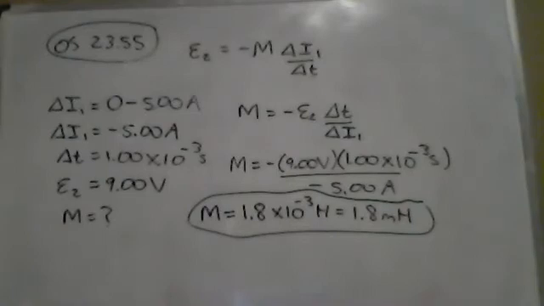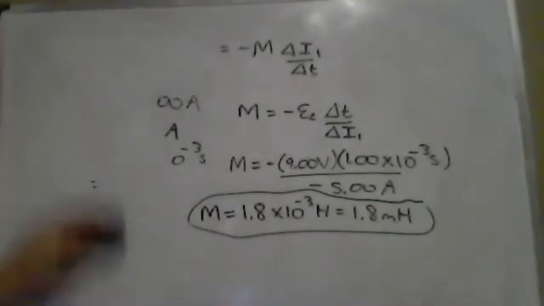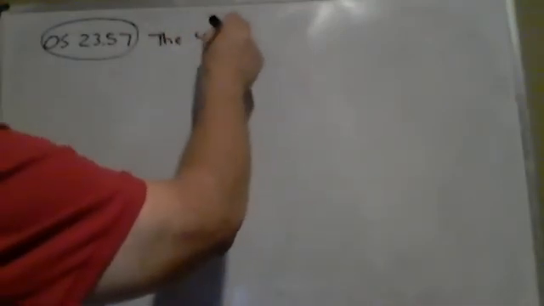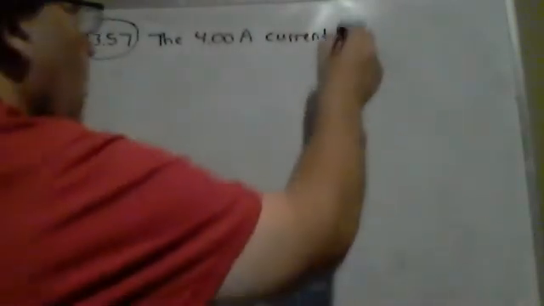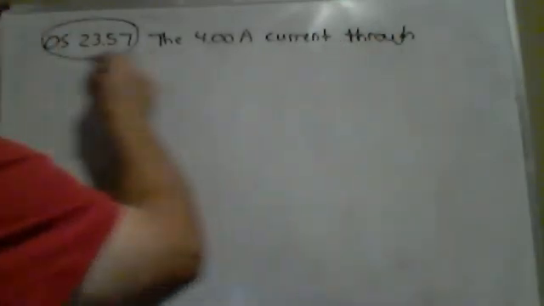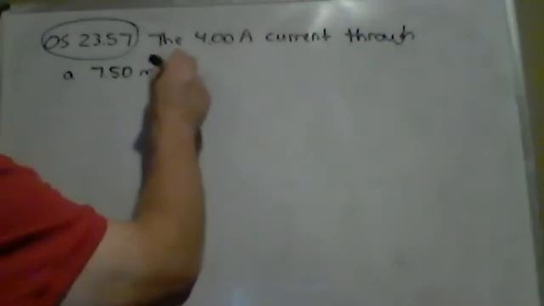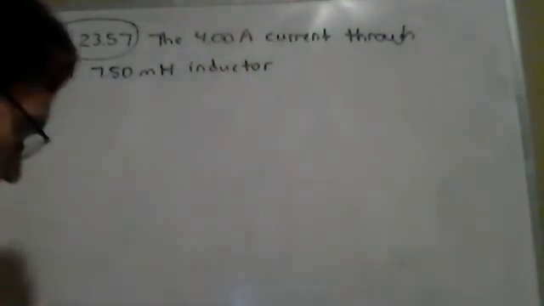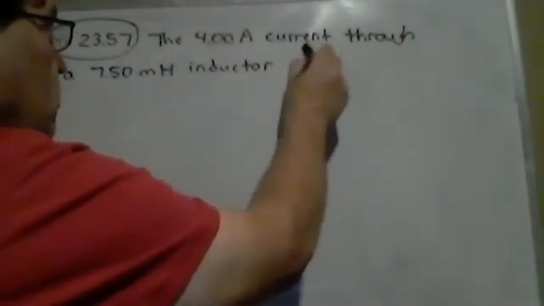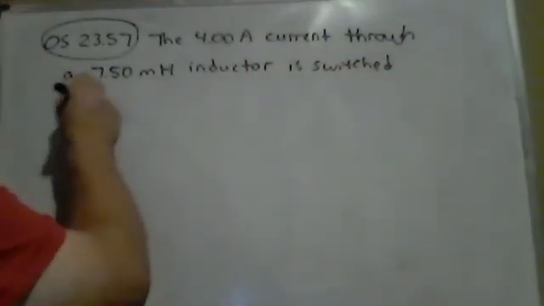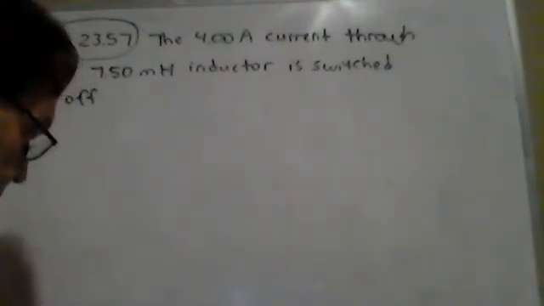Okay, let's look at OpenStax 23.57. A 4.00 ampere current through a 7.50 millihenry inductor is switched off in 8.33 milliseconds.